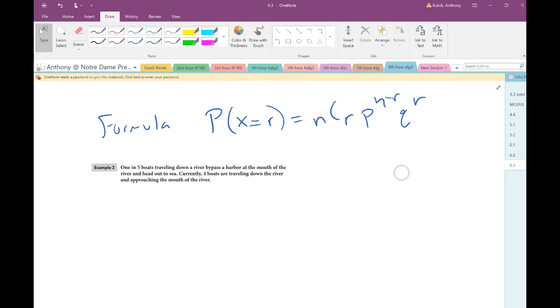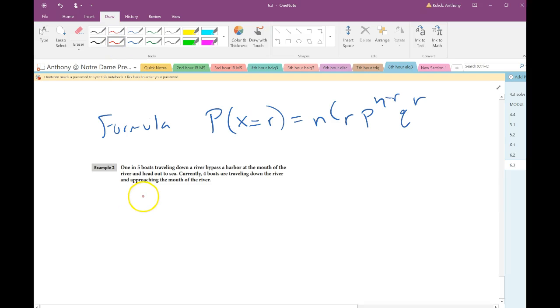Okay. So let's say that we have the following situation. We're told that 1 in 5 boats traveling down the river bypasses a harbor at the mouth of the river and heads out to sea. Currently, 4 boats are traveling down the river and approaching the mouth of the river.